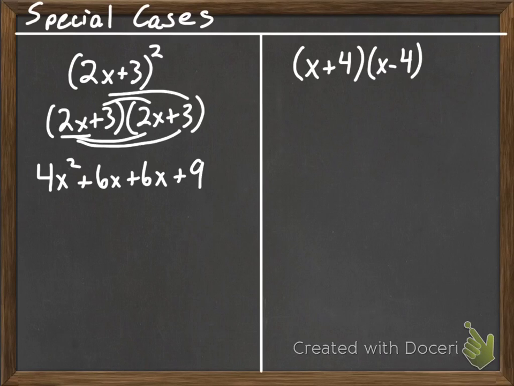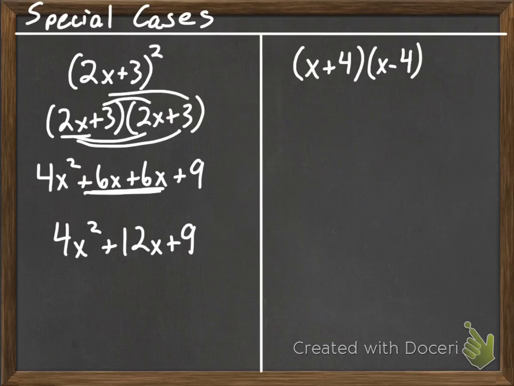And what makes this a special case is what you see right here. You notice that in the middle we have a 6x and a 6x. So that's pretty interesting. When we combine those, we get 4x squared plus 12x plus 9.